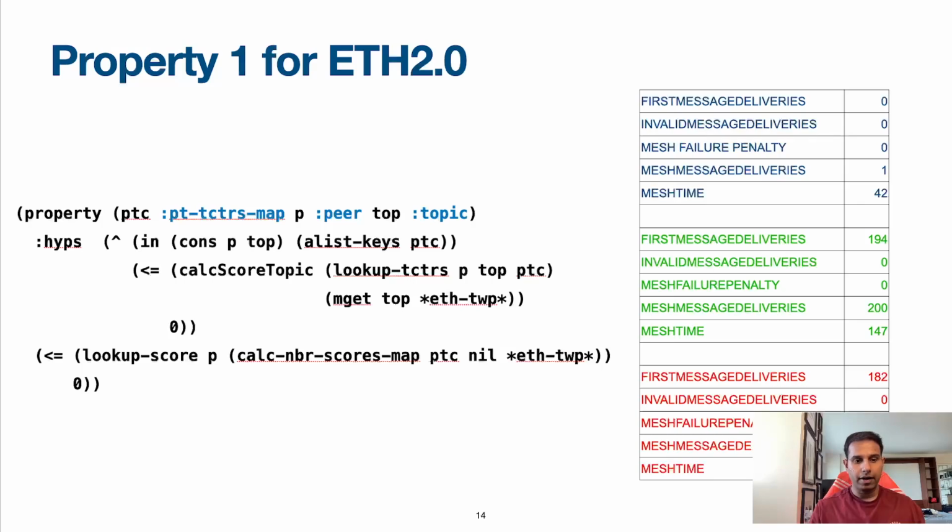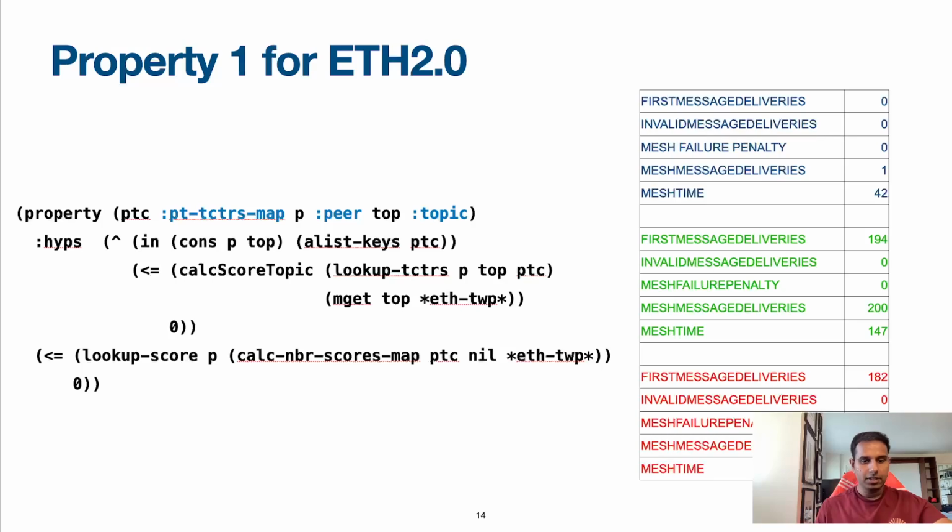P is a peer and top is a topic. So the property says that if the pair of P and top appear as a key in PTC, which is a map, they have corresponding topic counter values, and if the topic score for the topic is non-positive, then the overall score for peer P is non-positive.